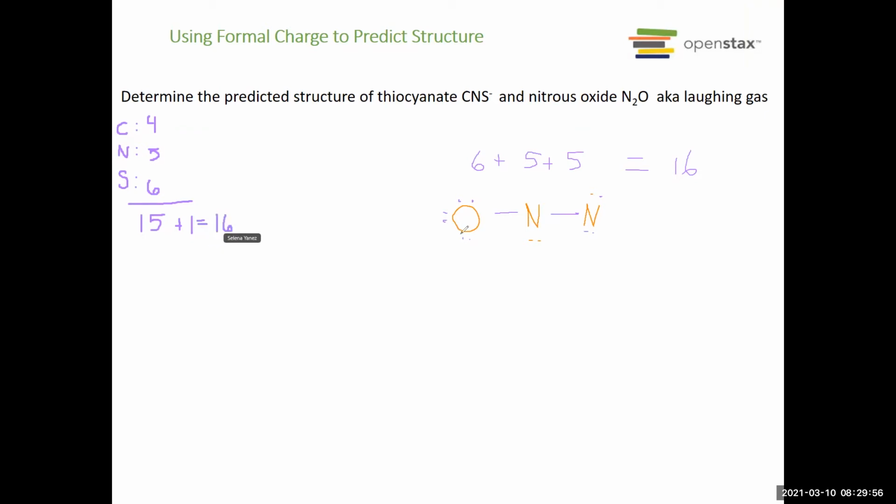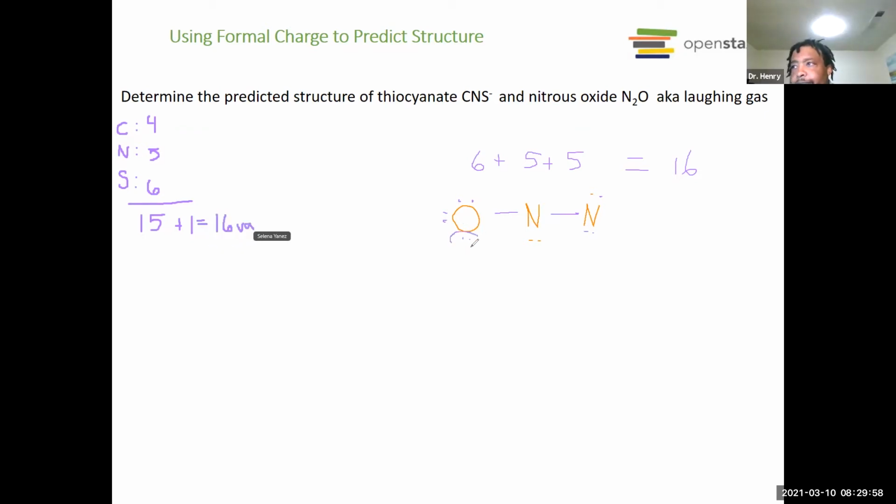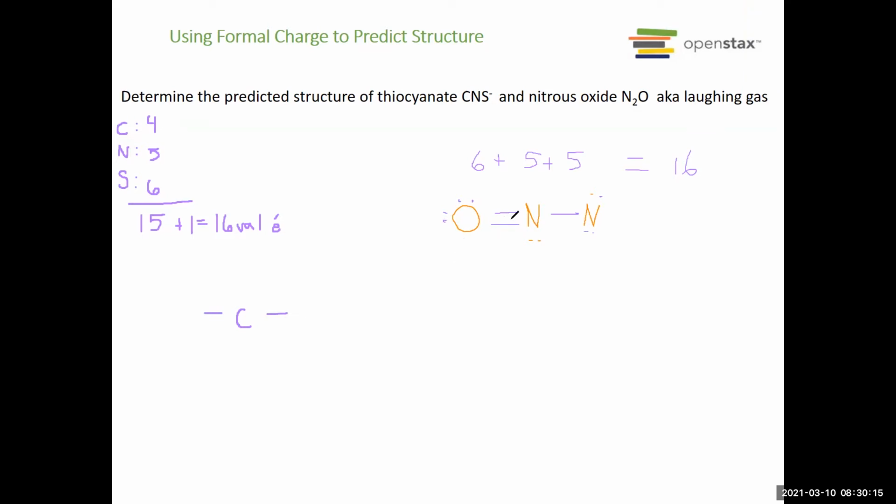So if I move this guy here, we're taking the 2 from there and then making a bond between nitrogen and oxygen. So that gives me how many around oxygen?